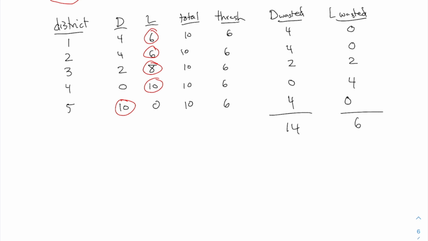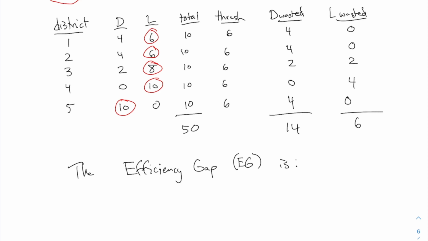Now, specifically, the efficiency gap is reported as a single number. The other thing that you do is you add up the total number of voters, which in this case is 50, and I say the efficiency gap, which I will always from now on write EG, efficiency gap, is a fraction, which is basically like the percentage of wasted votes that are wasted by one party more than the other.